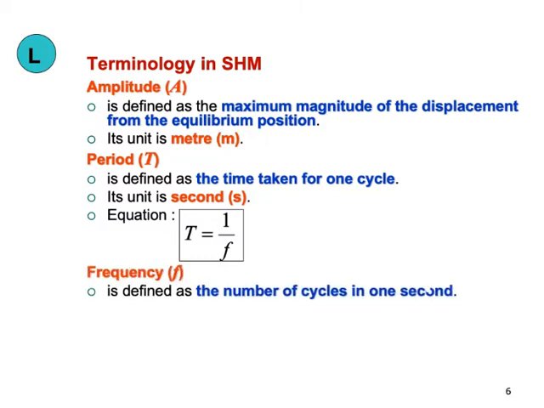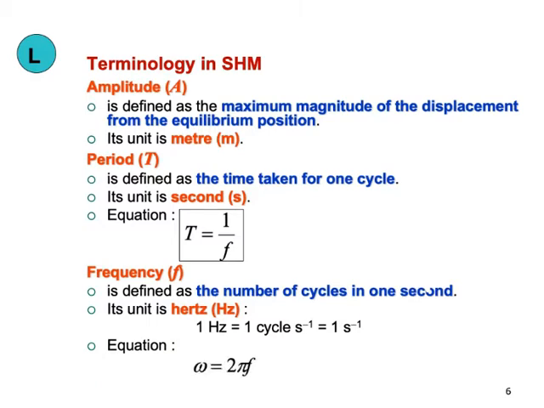Frequency is defined as the number of cycles in 1 second. Its unit is Hertz. 1 Hertz equals to 1 cycle per second equals to 1 per second. Equation omega equals to 2 pi f, or f equals to omega over 2 pi.